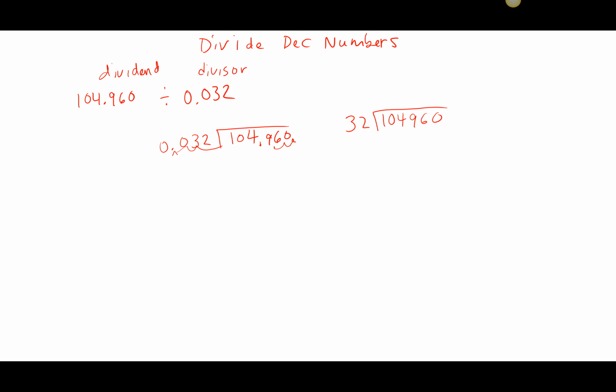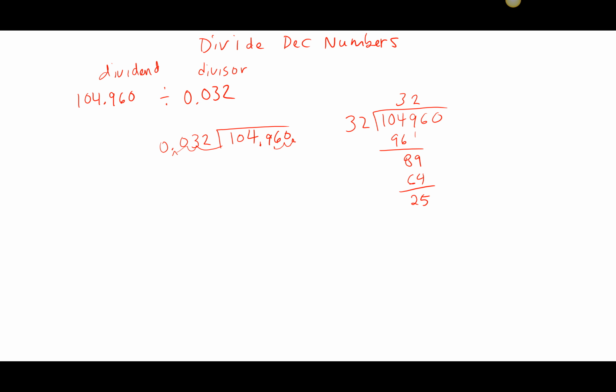So now we just go through and do our division. 32 will go into 104 times, probably 3. That's going to be 96 with 8 left. Going to bring down the 9. 32 will go into 89 2 times. That's going to be 64. So that's going to give us 25 left.